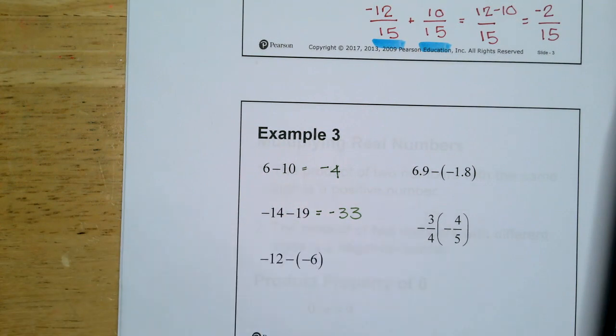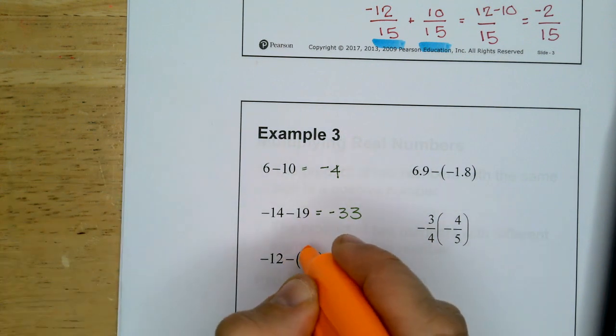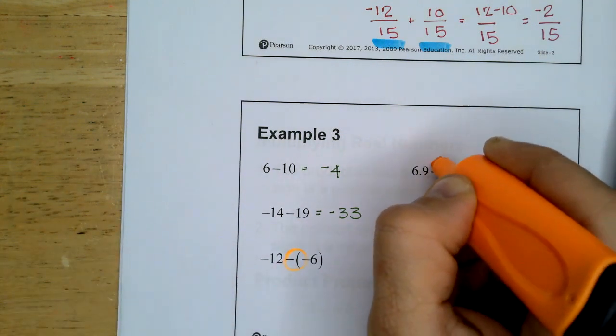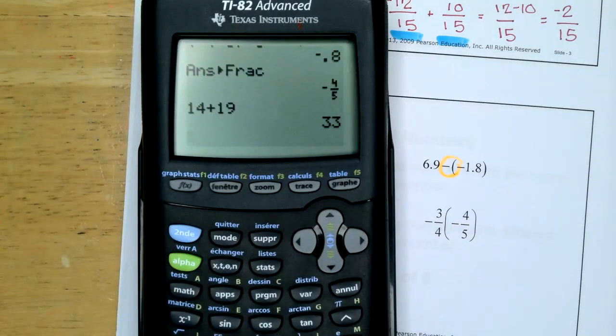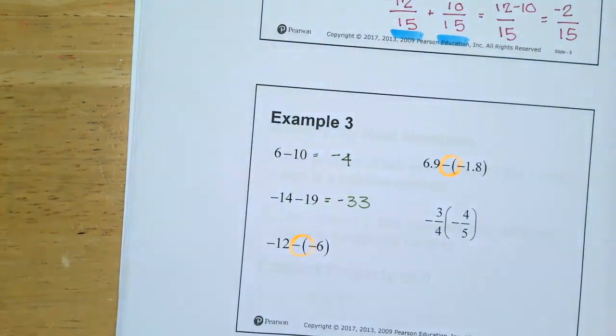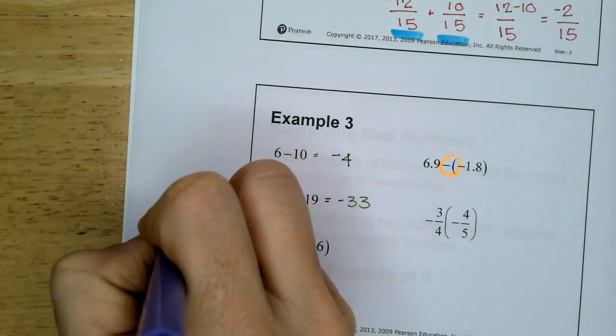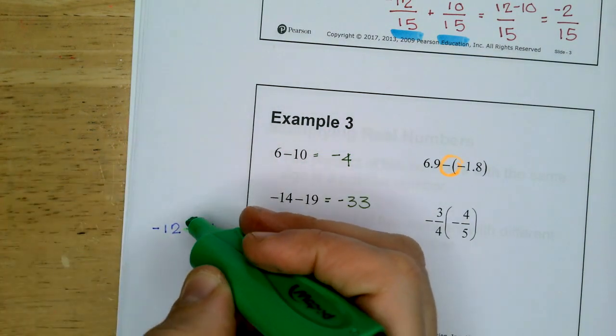Good? Here I am subtracting, so before I do anything, I want to take this and convert it, okay? So let's think about this. Minus a negative number is the same as adding that number. So anytime you have a minus sign followed by a negative sign, you can just turn that into a big old plus sign.